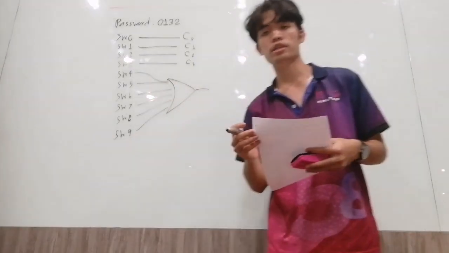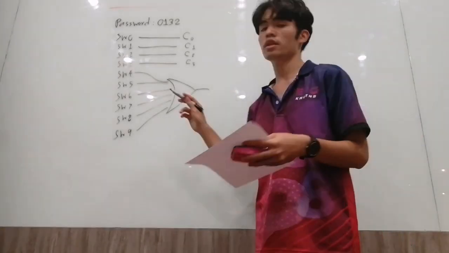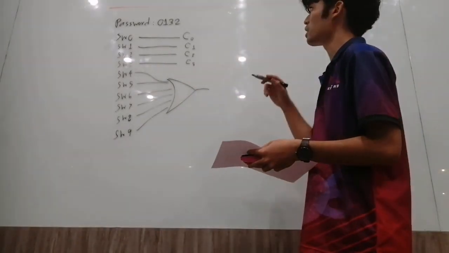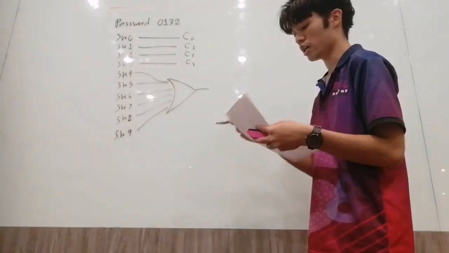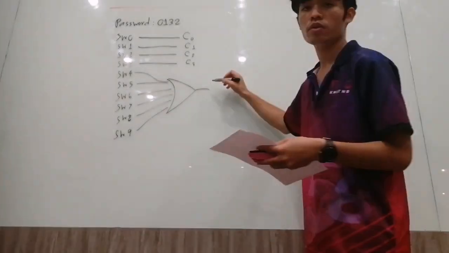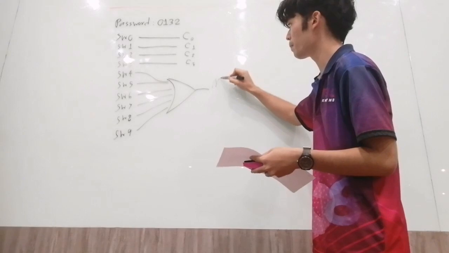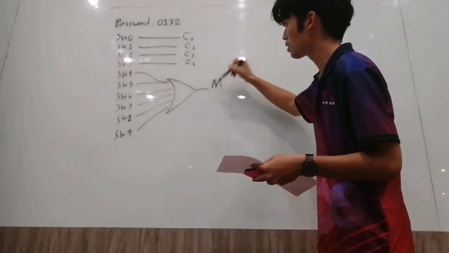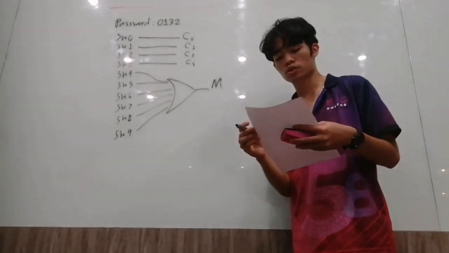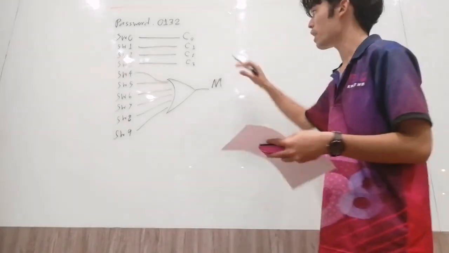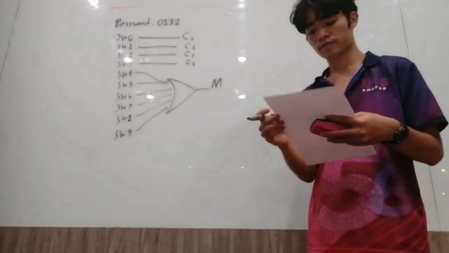We OR them together with the OR gate, and I call the output variable M. So in total, we have 5 inputs at the end.